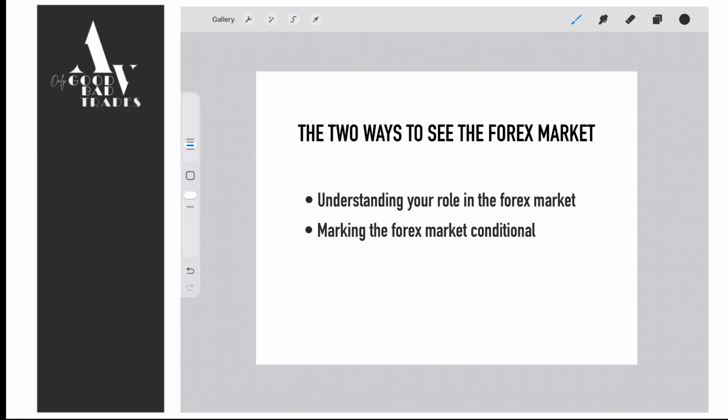But today I would explain with more examples why I feel for newbies or for those that don't have so much time that the best approach is to go with the second one. Just go with the conditional approach because in most cases, over-learning tends to cripple traders. And so it is more ideal that you learn the conditional way of trading.